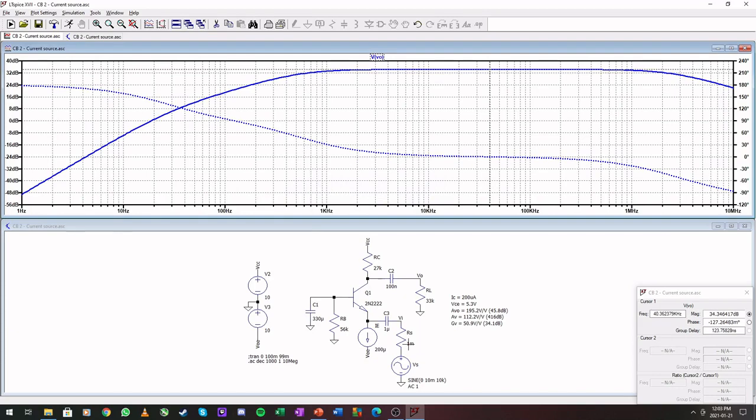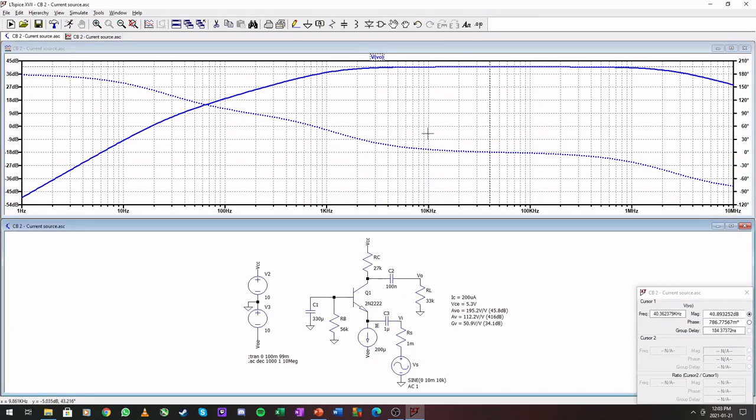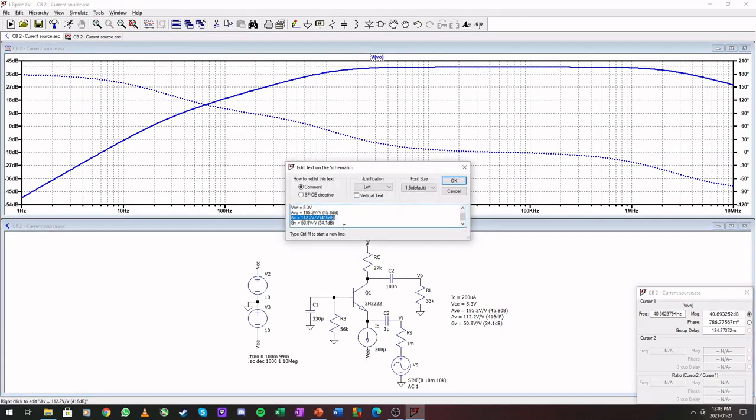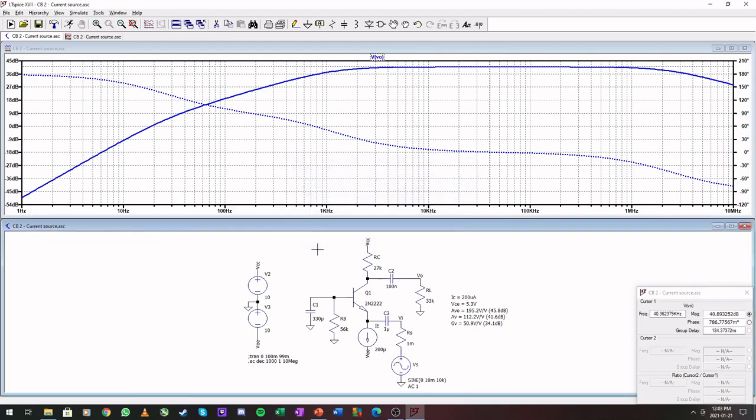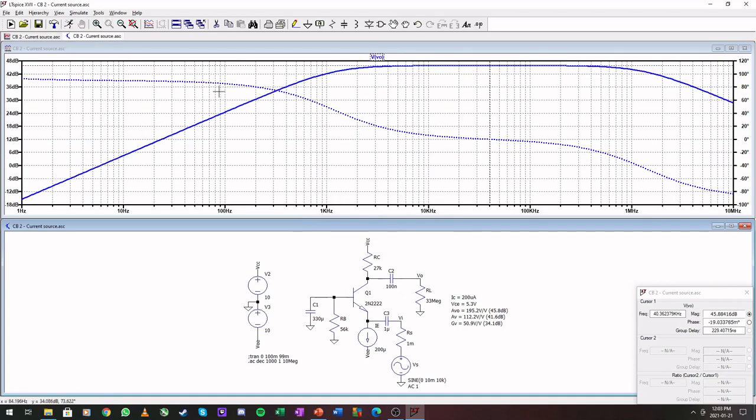Let's look at our AV, 40.9. Here I have a mistake, 41.6. That is fairly close. And the last one, AV0, 195 volts per volt. Make this large. And 45.9 roughly. So yeah, now we can go over to the common collector problems.